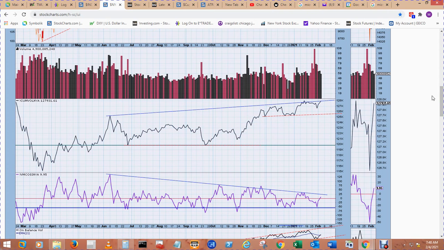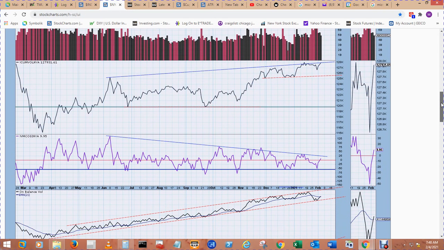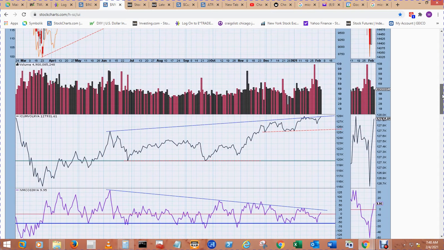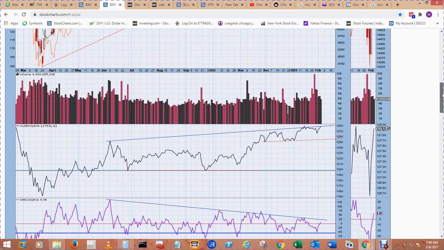It's good to look at to see if price is going up and volume is going down, or vice versa. You can tell how the market is behaving. Low volume, high volume. Maybe it's a holiday, traders are out and the volume is really low, but price is going up.